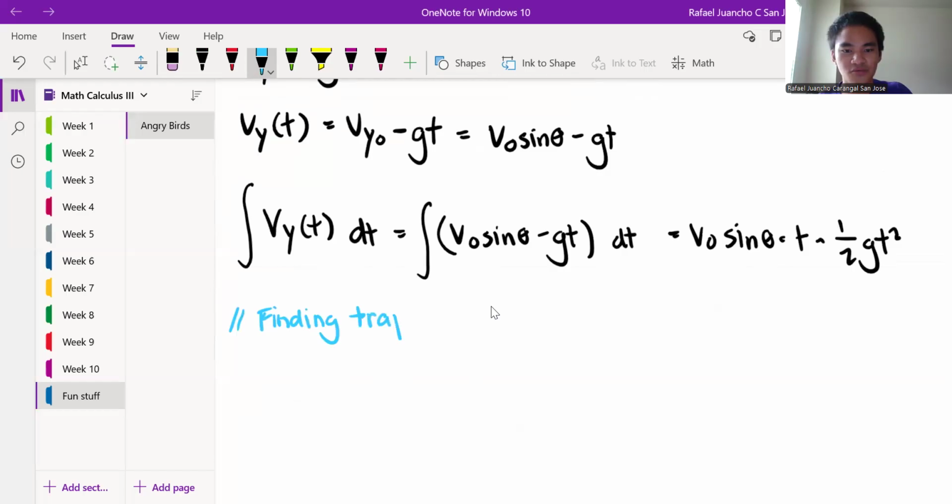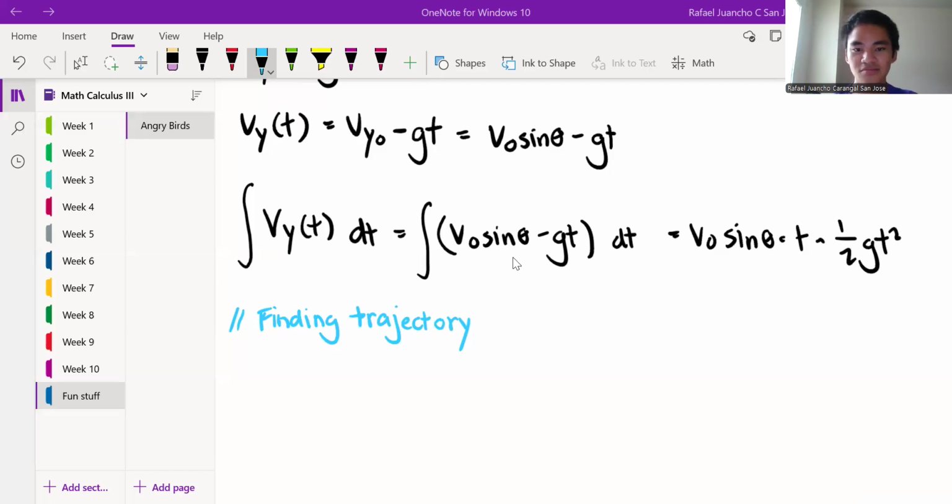What do we mean when we say trajectory? Well, I just Googled it. So trajectory is the path followed by a projectile flying or an object moving under the action of given forces, according to Oxford Dictionary. Basically, in our case, it's the path that the bird takes.